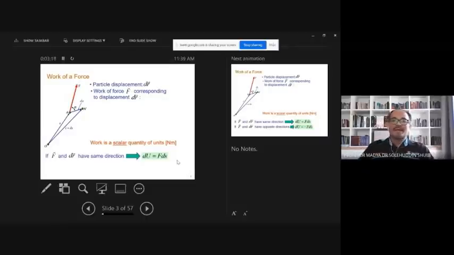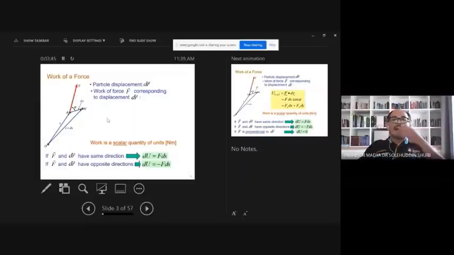It will be in the opposite direction, so dU will be minus F ds. So dU equals minus F ds because it is in the opposite direction.